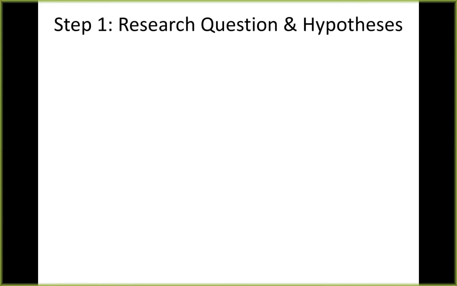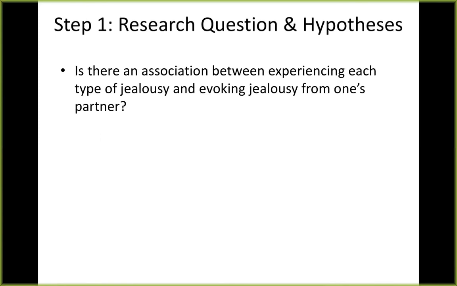So going into an example from our data set, I looked at whether there is an association between experiencing each of the types of jealousy. I think I just went with cognitive jealousy in this example, and evoking jealousy from one's partner. The evoking jealousy scale measures your agreement with different statements about things that you might do to try and make your partner jealous.